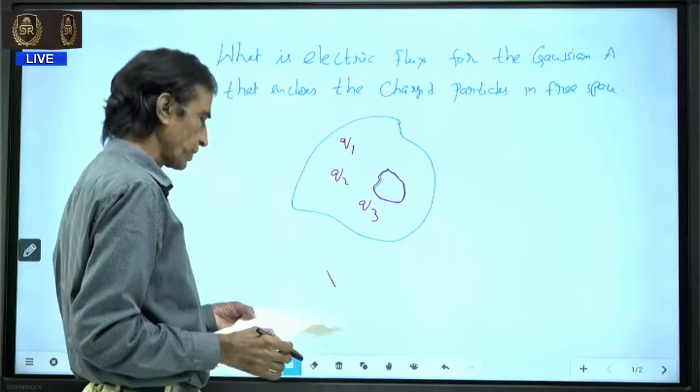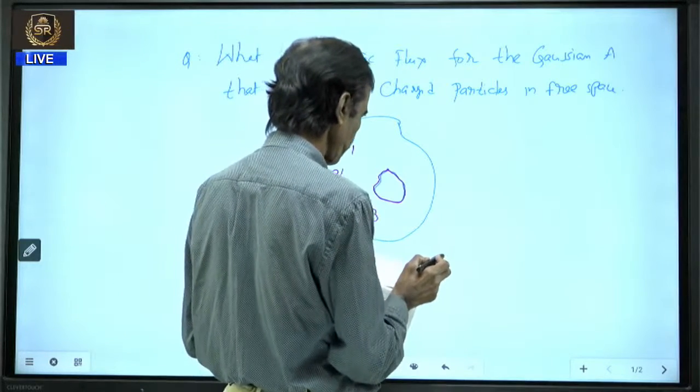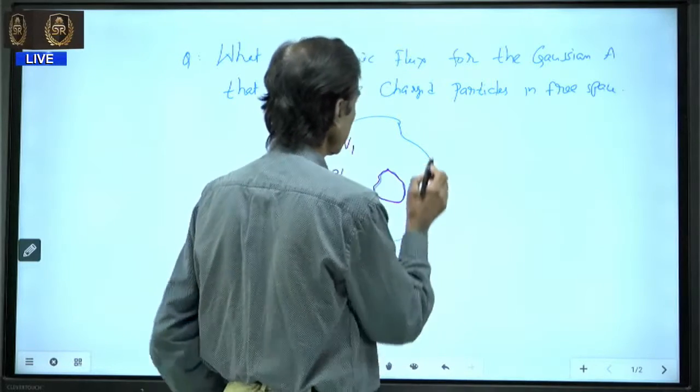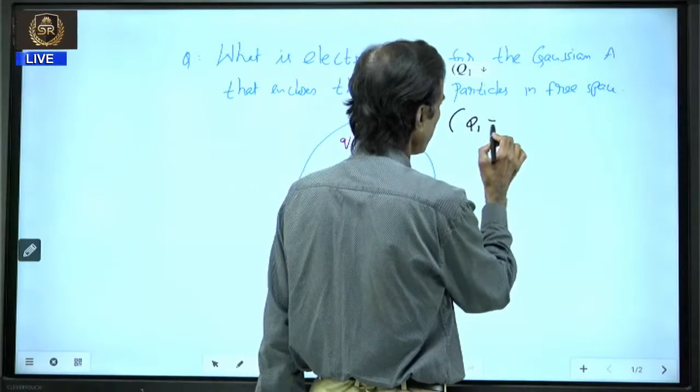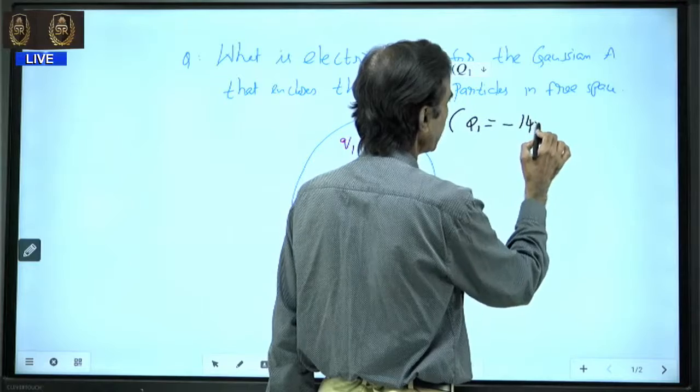He has given the values also. Q1 is equal to minus 14 nanocoulomb.